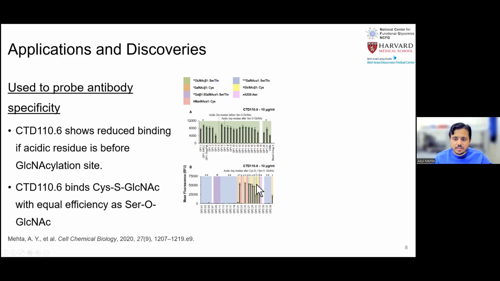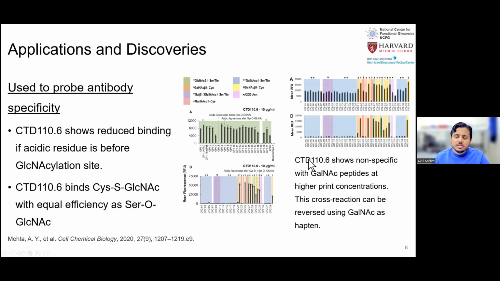And here too, we see that an aspartic acid residue after the cysteine or serine O-GlcNAc does not cause as much of an issue as compared to the glutamate before it. But CTD110.6 also binds the cysteine S-GlcNAc with equal efficiency as well.